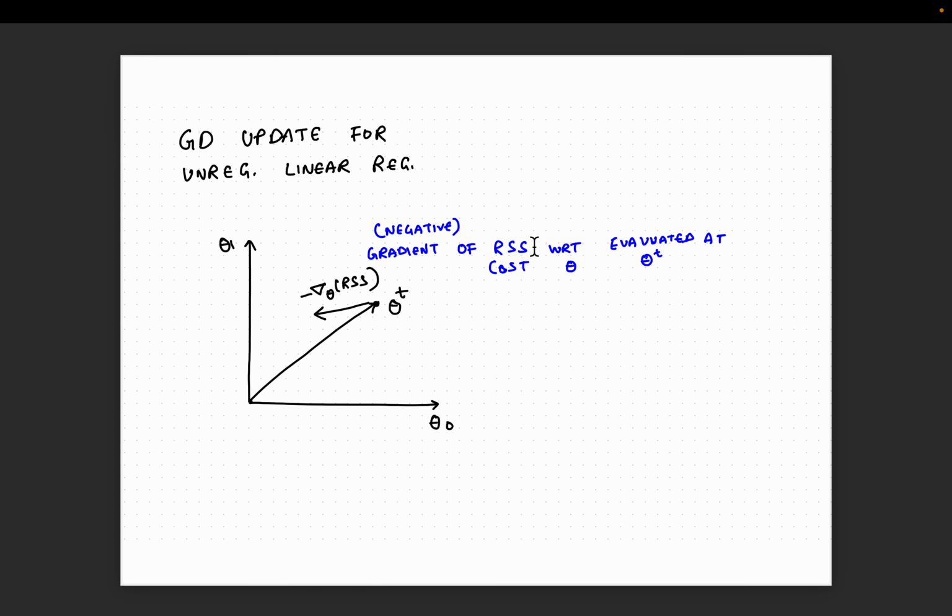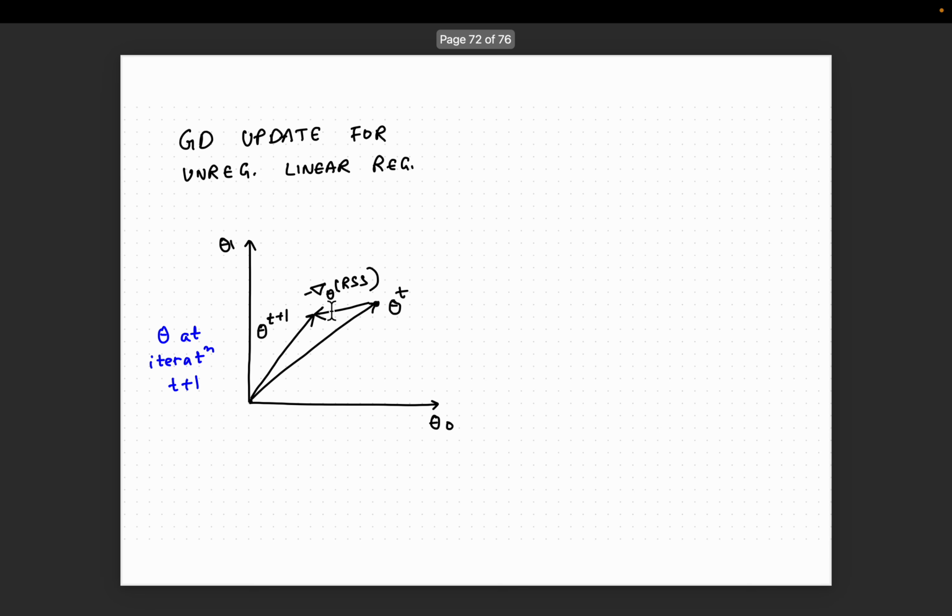You obtain the gradient of that with respect to theta at the current iteration theta t. You subtract that, and multiply that with alpha, of course. Then you get a new vector theta at iteration t plus 1. So through this geometric drawing, we can understand the vector way of how gradient descent works. You have theta at some iteration t, you have alpha times the negative gradient of the objective. You do a vector sum of these, you get the theta at iteration t plus 1.